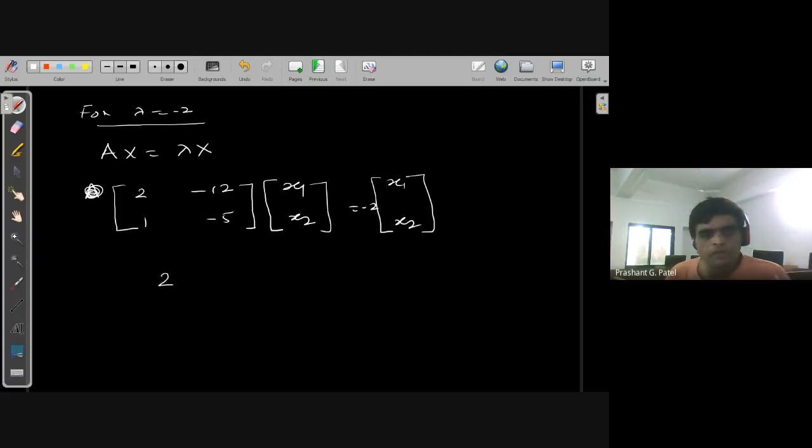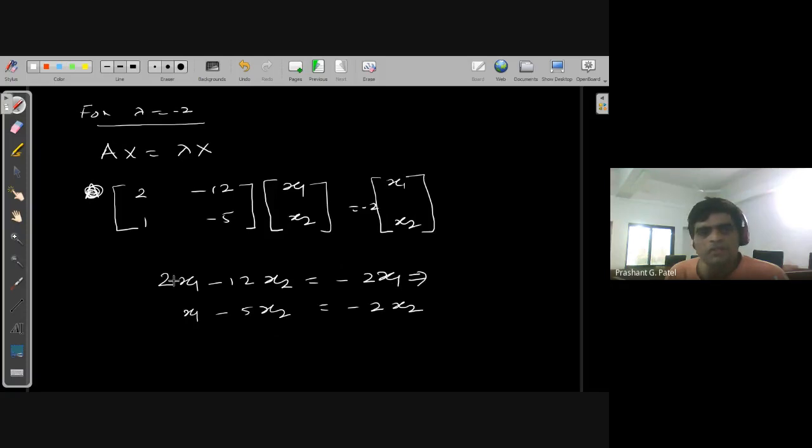So this gives me 2x1 minus 12x2 equal to minus 2x1. If you simplify the product of these matrices and equate them, you will have x1 minus 5x2 equal to minus 2x2.